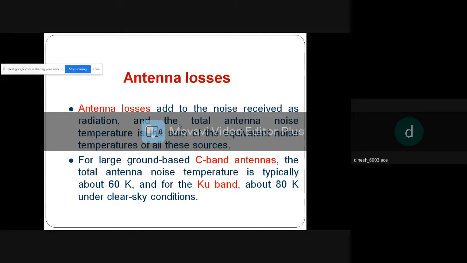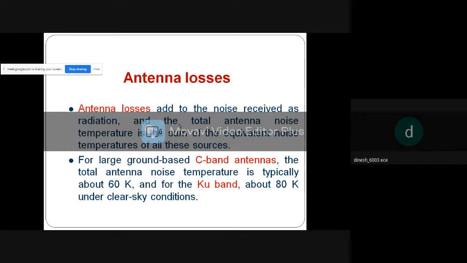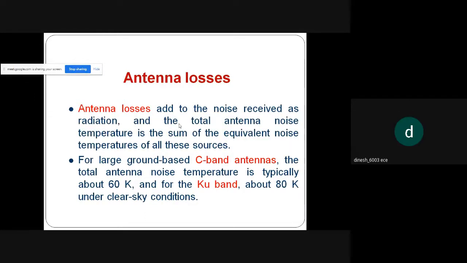Keep in mind this is under clear sky conditions: C-band antennas, 60 Kelvin noise temperature, and Ku-band antennas, 80 Kelvin. So accordingly, we need to design the satellite for better propagation.